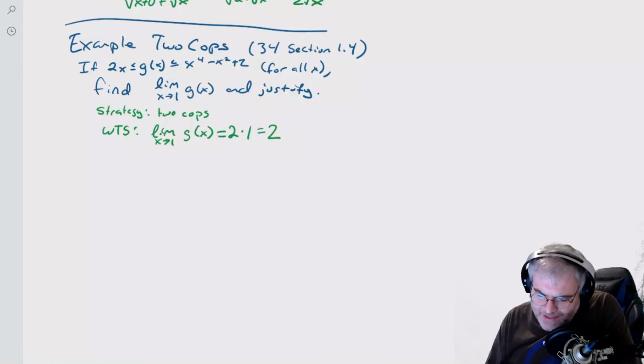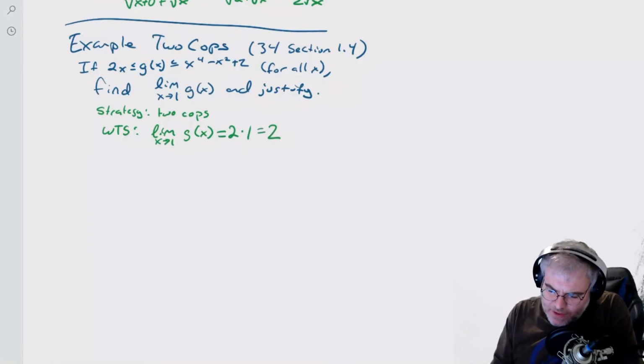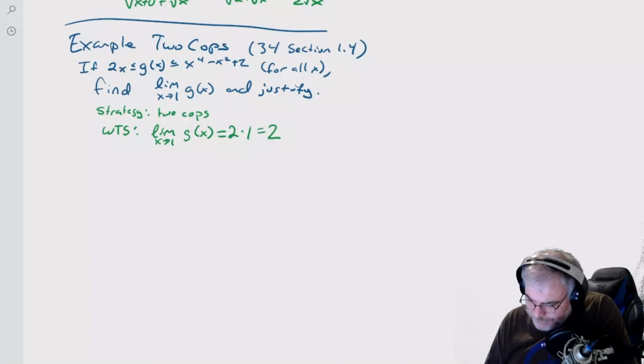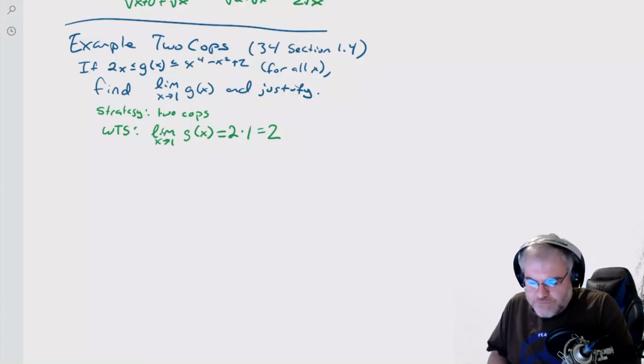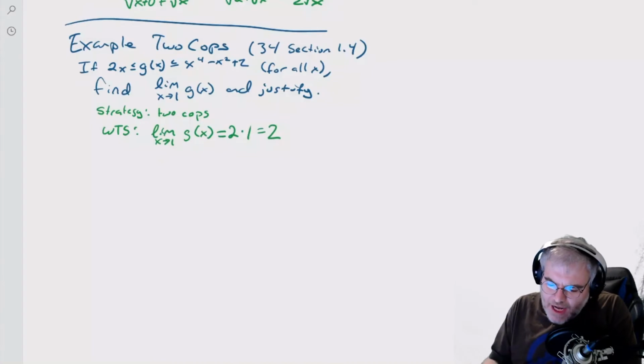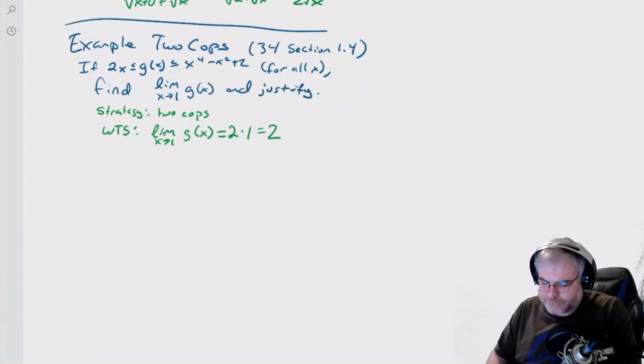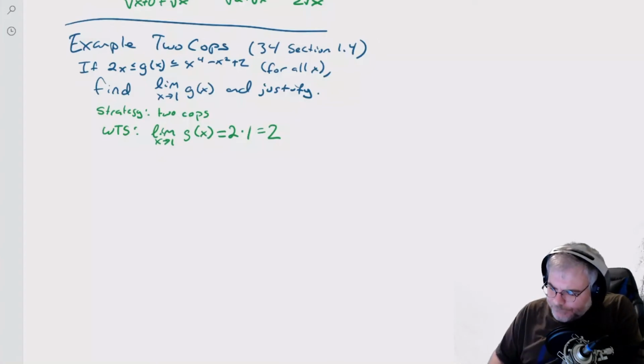And how do I know that? Because I stuck 1 in for that number, which was kind of easy. But that's what I want. That's the conclusion of two cops: that the limit of g of x is top, or bot. So I need to show that that holds. So what do I have to do? I have to show two things.